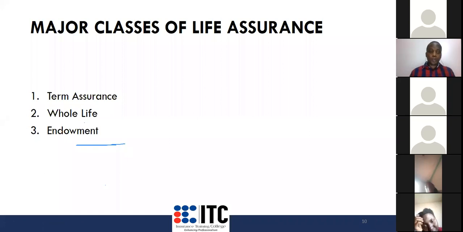So whatever tweaks you'd make to this product depends on the nature of each of these generic classes. For example, I don't need to go to a term life every time I'm selling to a client, or I don't need to go to an endowment. I could actually go to a whole life and say, this is the generic, covers for your whole life whenever death occurs.